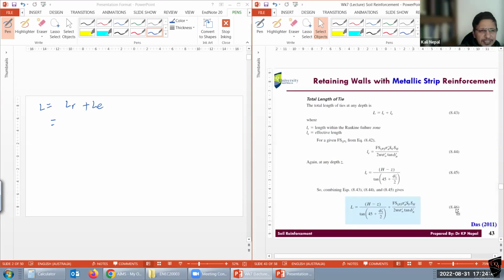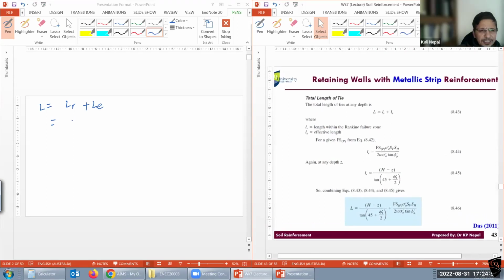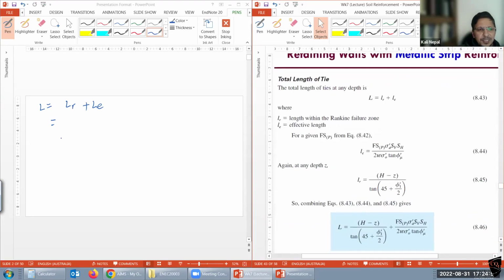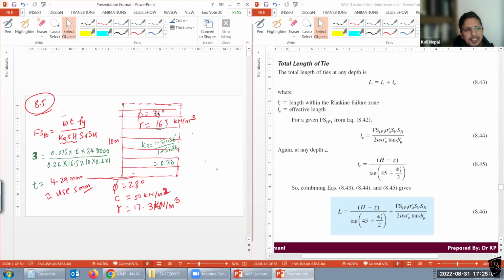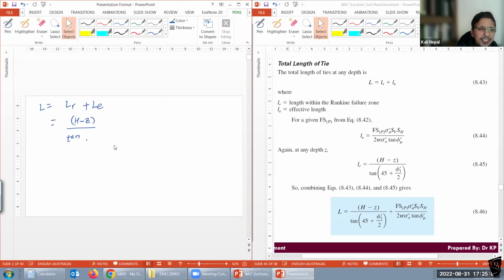Minus Z, total height minus vertical from the top, divided by tan of 45 plus phi over 2. How much is the backfill phi? 36, right? Half of 36 is 18, 18 plus 45, 63. Can I write this straight 63 here?